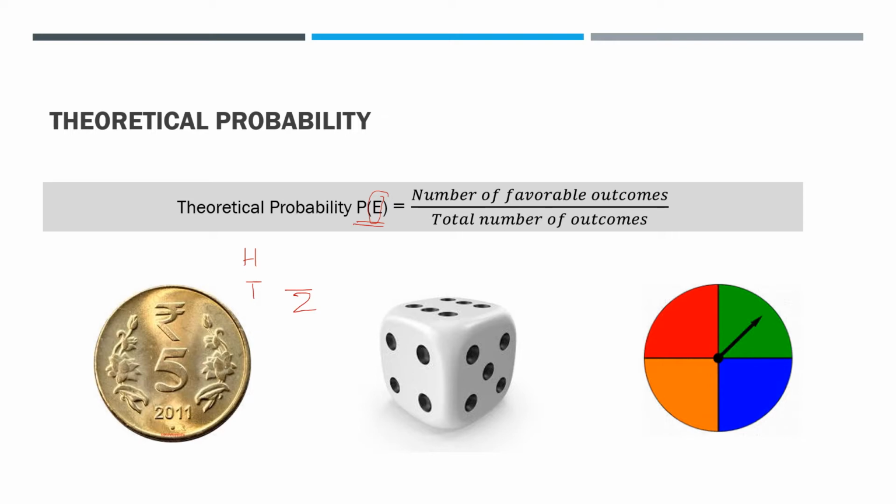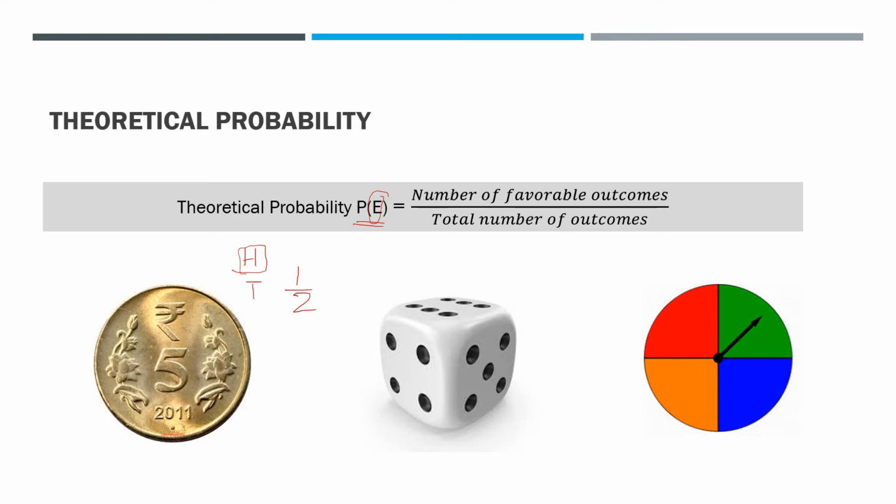And what is a favorable outcome when we say getting a heads? That is this particular outcome, heads. So there is only one out of the two outcomes. One outcome is favorable. So the probability of getting a heads is 1 out of 2, 1 over 2. That's about a coin because it has two possible outcomes and one of them is favorable.